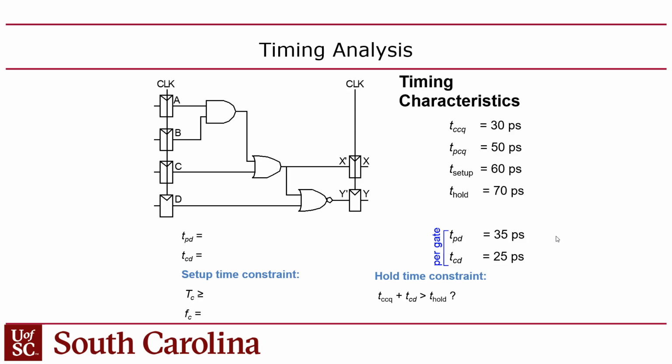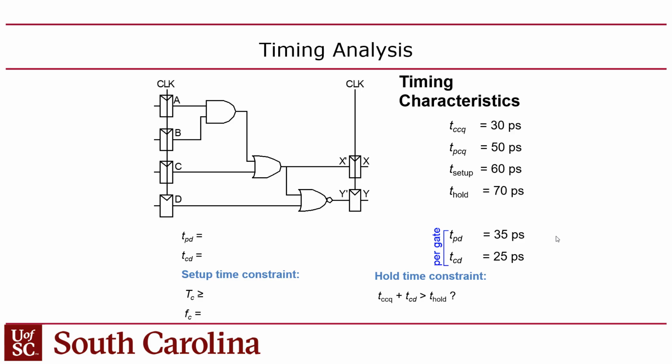So first of all, we have to calculate the propagation and contamination delay of the circuit. Remember that for the propagation delay you have to find the critical path. Critical path here is 3 gates. So you multiply the propagation delay of each gate by 3, so 35 times 3 is your propagation delay. And the contamination delay of the circuit is the contamination delay of the short path, which in this case is just 1 gate.